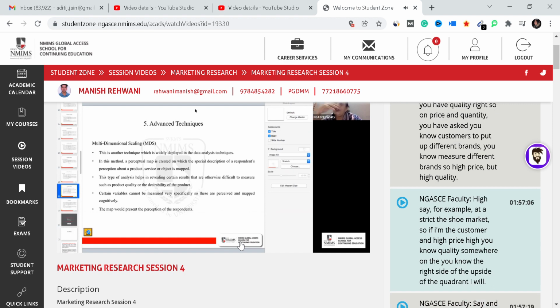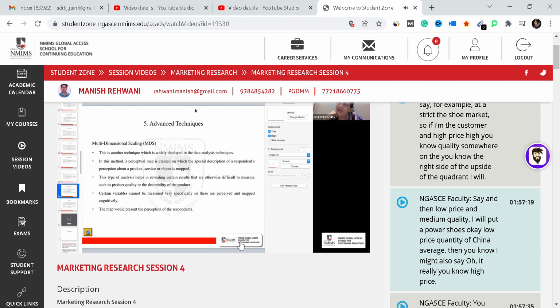Say, for example, let us take the shoe market. If I am the customer, high price, high quality, somewhere on the upper right side of the quadrant, I will put Nike, right? Then low price and medium quality, I will put, say, Power shoes. Average quality.